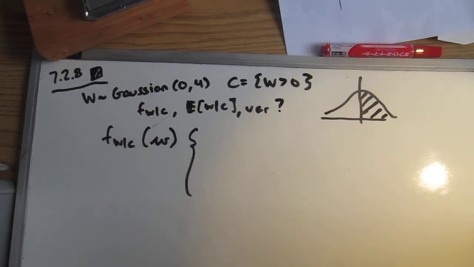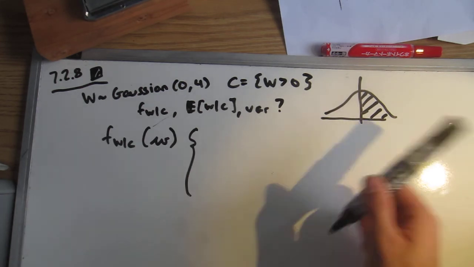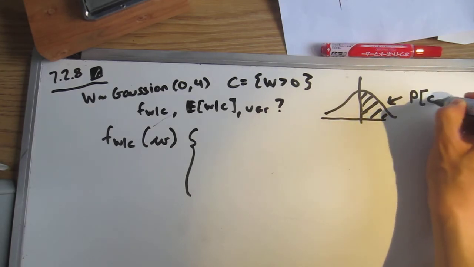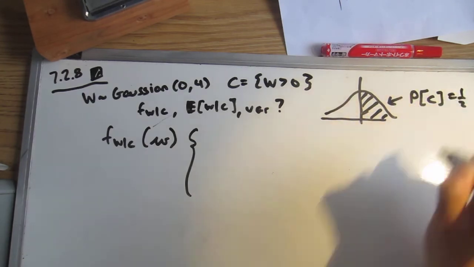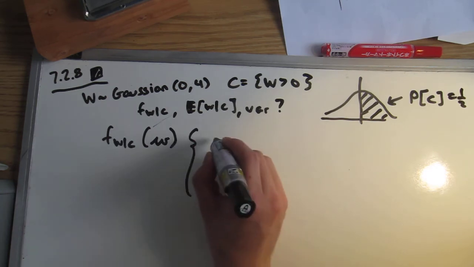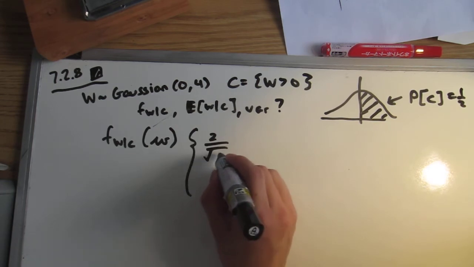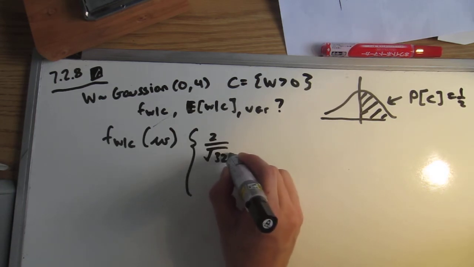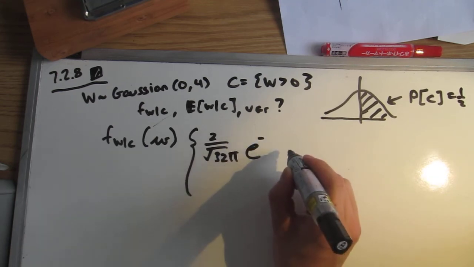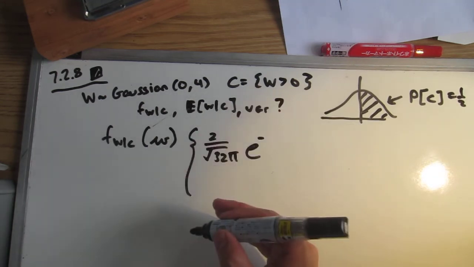And we can actually just write the PDF directly because we know that the event probability of C is exactly 1/2 of the total due to the symmetry of the Gaussian. So we can just add a 2 in the numerator for our standard formula for the Gaussian, because we have to divide by 1/2.